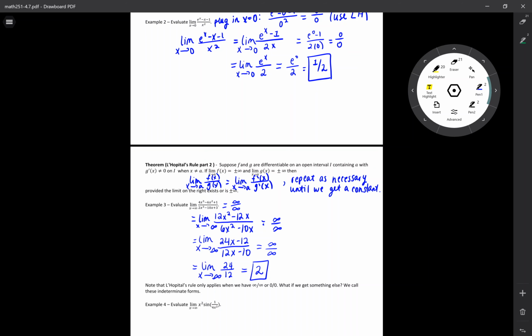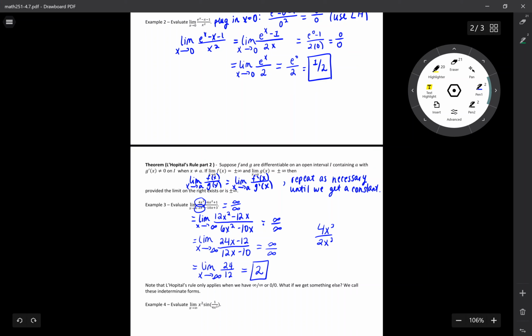So in this case, I had to take a bunch of derivatives, but I did eventually get a constant. If you remember back in your good old days of college algebra, we could have also done this in a slightly different way by taking a look at the leading term on the top, which was 4x cubed, and the leading term on the bottom, which was 2x cubed. Since I'm wanting to find the end behavior, the limit as x goes to infinity, I could have just looked at the 4x cubed divided by the 2x cubed.